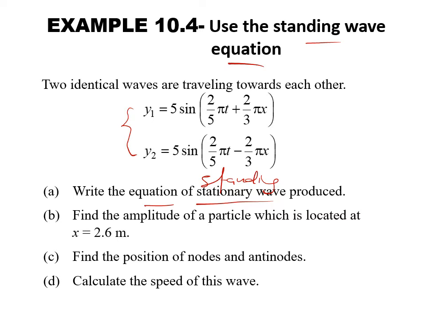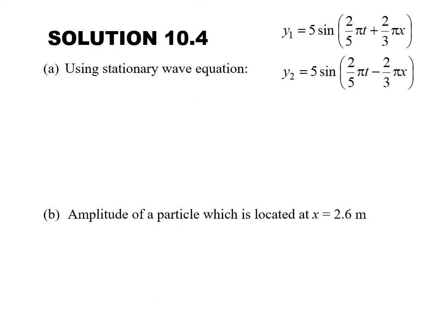And B, you need to find the amplitude of a particle which is located at x equal to 2.6 meters. C, you have to find the positions of nodes and antinodes. And D, you need to calculate the speed of this wave.